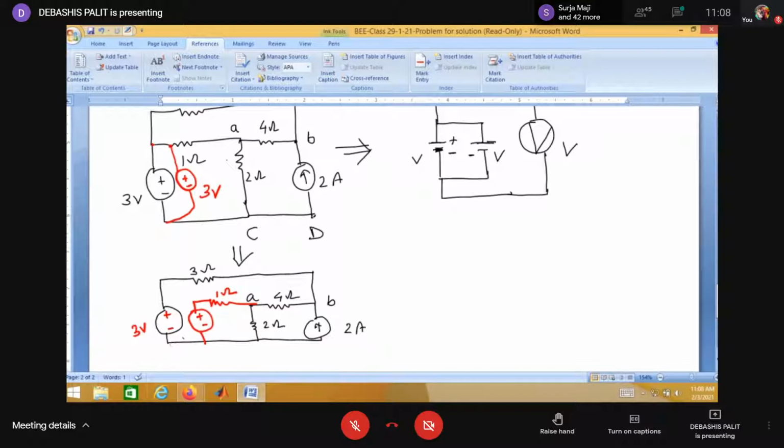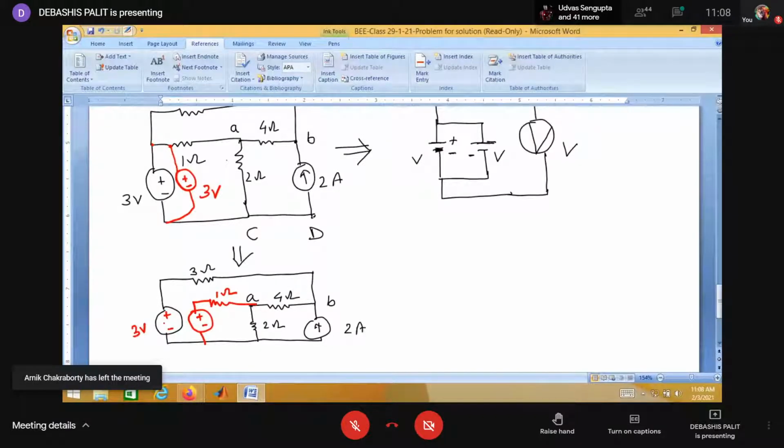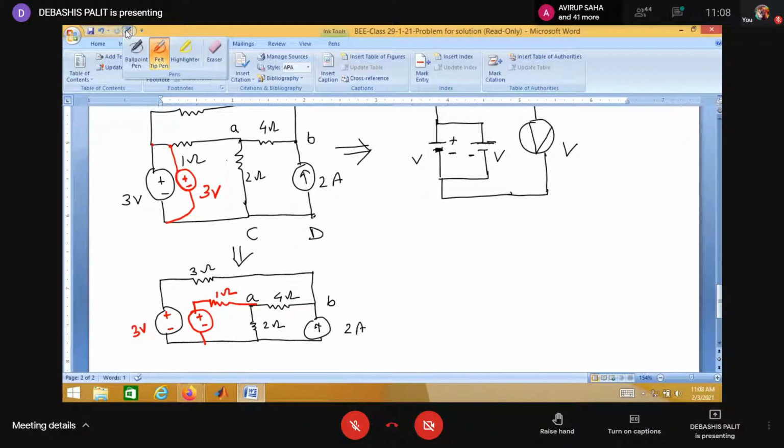Then you can get equivalently this voltage source with series resistance, this voltage source with series resistance. So equivalently two sources are there. You can easily convert, since there is a current source, you can convert into voltage source, or rather you can convert this voltage source into current source.